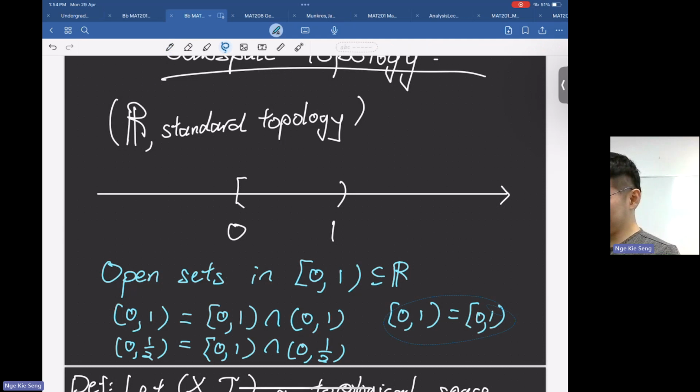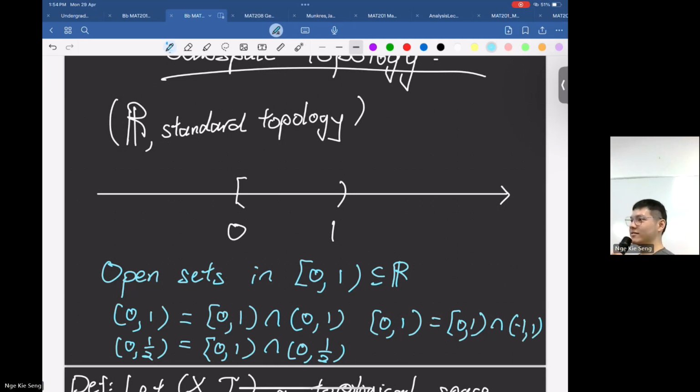So you can take this intersect with the open interval from -1 to 1. Yeah, good. Or you can, like what Ziqian said, take the whole real line. Yeah, -1 to 1 is open in the larger space.